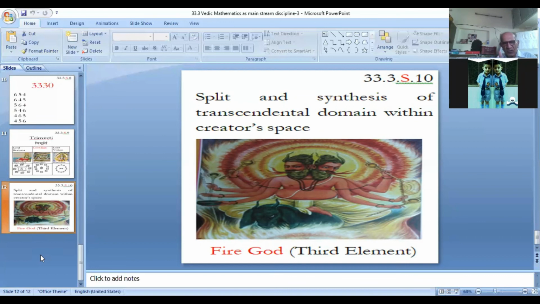It is the Agni Tattva whose split and whose synthesis as a solid dimensional order of the transcendental domain deserves to be chased.